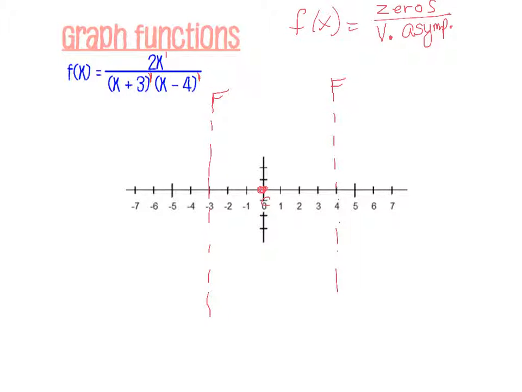The next thing that you have to do is figure out what your end behavior is. Basically you're counting up, forget all the numbers in it, and just look at what's going on with your variable. How many x's do you have on top? Just the one. How many variables do you have on the bottom? Well, I'd have an x term times another x term, that'd be an x squared.